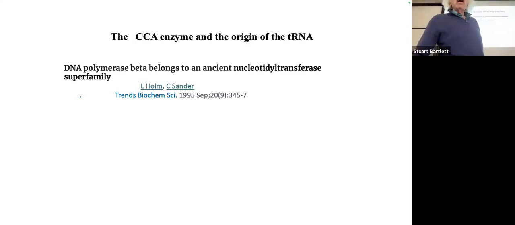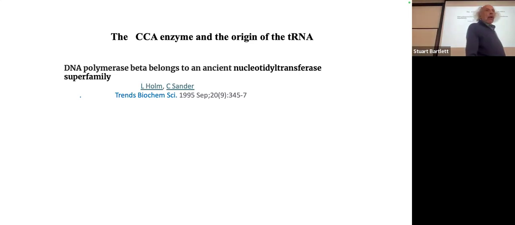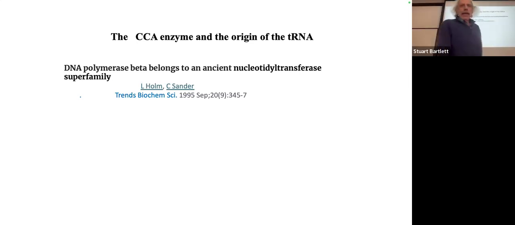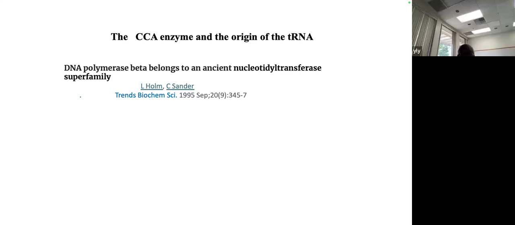Okay, I'm going to introduce you to an enzyme that is so interesting because it is the only enzyme and the only protein that essentially codes for polynucleotides. Usually it's the case where polynucleotides code for proteins.